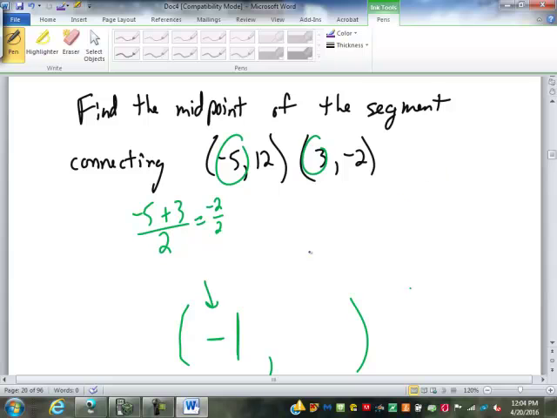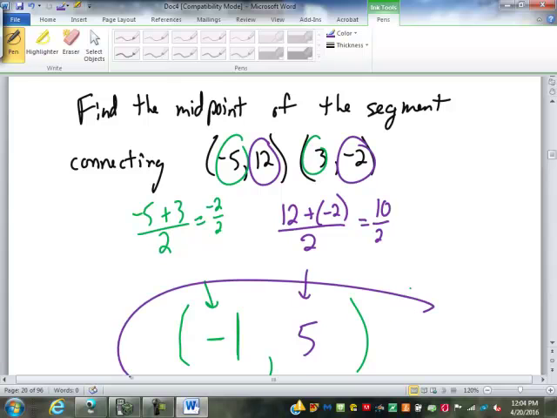For my y-coordinate, I have 12 and negative 2 as the y-coordinates of my endpoints. So 12 plus negative 2 divided by 2. 12 plus negative 2 is a 10. Divided by 2 is 5. So negative 1, 5 is the midpoint of that.